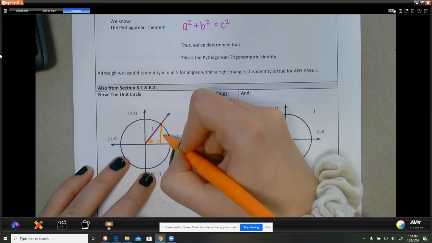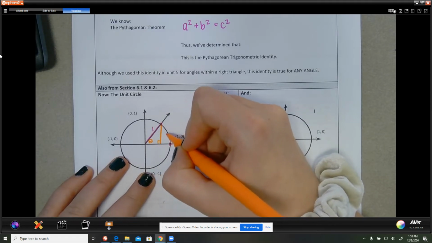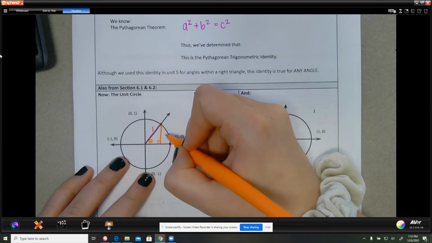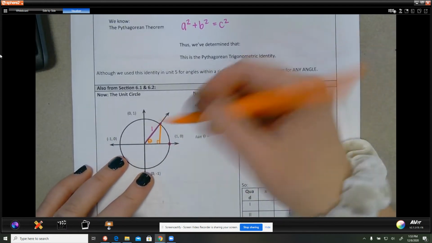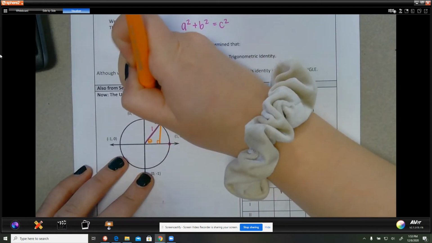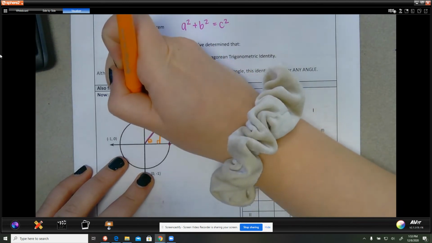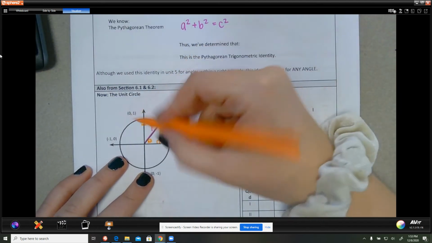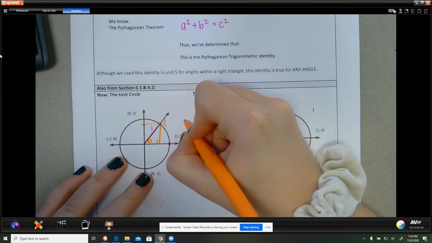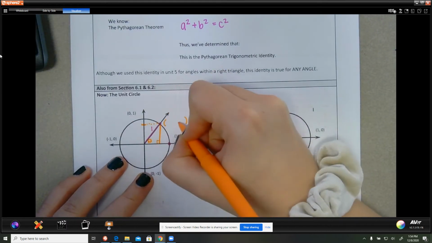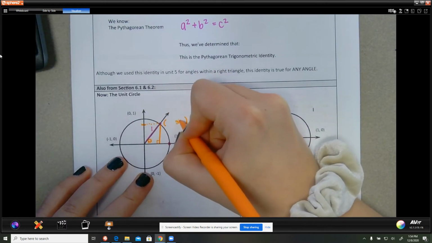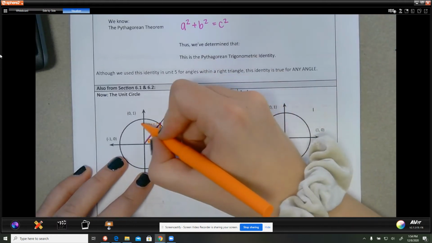Well, this opposite side over 1 is just the opposite side. How can I measure this? That correlates to this y value, the height of this point right here. So in the ordered pair for this point, sine of theta is my height, my y value.